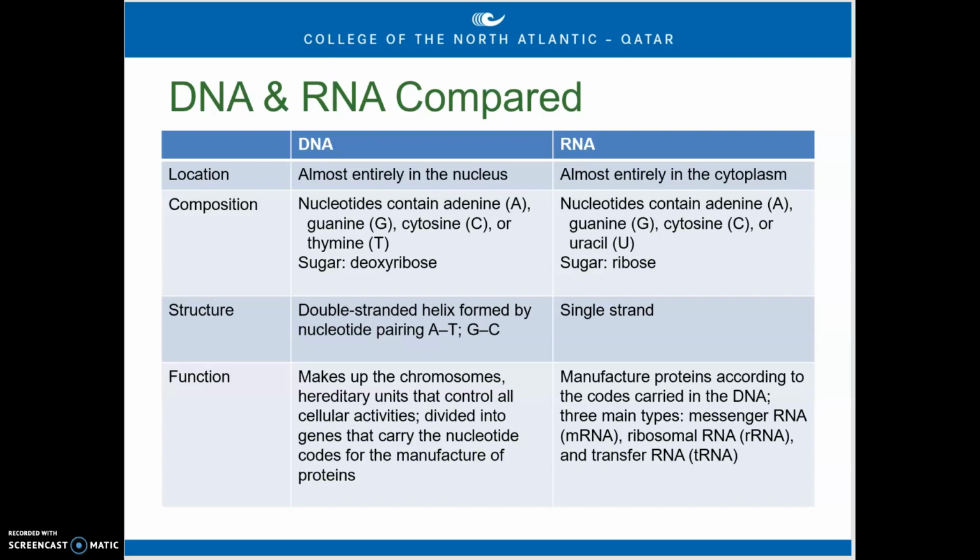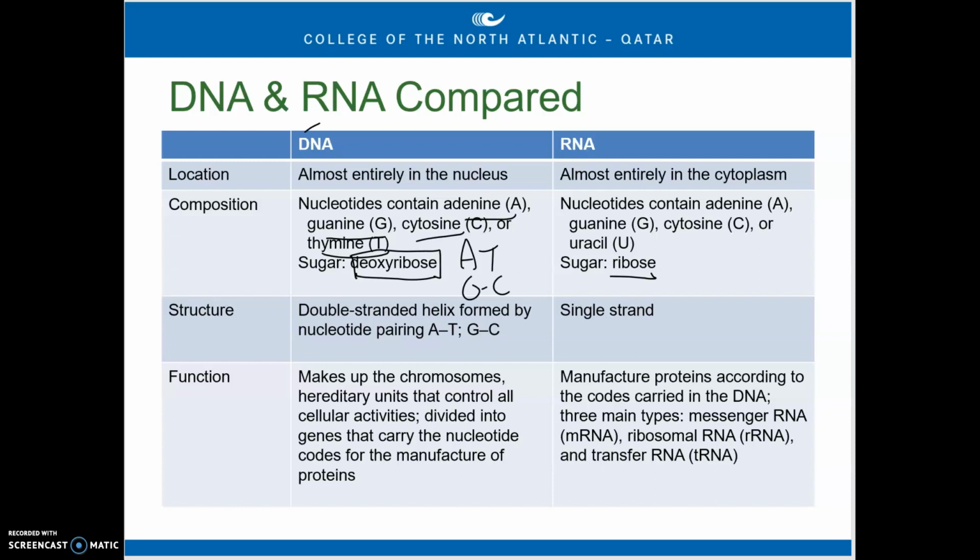The composition of the monomers for DNA: the sugar molecule that we talked about is a sugar called deoxyribose, and the nucleotides are going to be adenine, guanine, cytosine, and thymine, like we talked about before. So the AT and the GCs. If we look at RNA, that sugar is not going to be deoxyribose, but ribose.